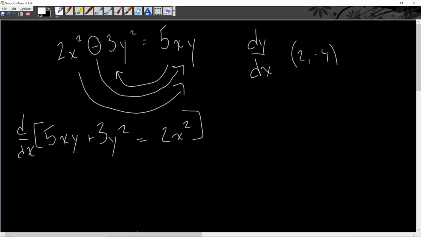And from here, it's product rule, like we've been doing. We can bring that 5 out there, so we'd have, well, we're doing d dx of 5xy first. So we'll bring that 5 out here. We'd have 5 times the derivative with respect to x of xy.